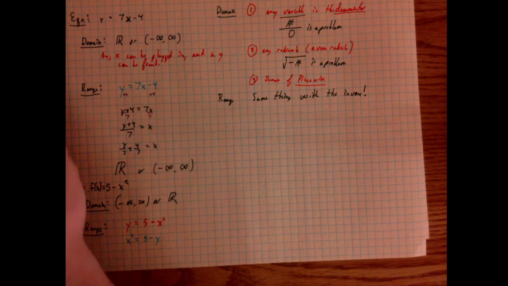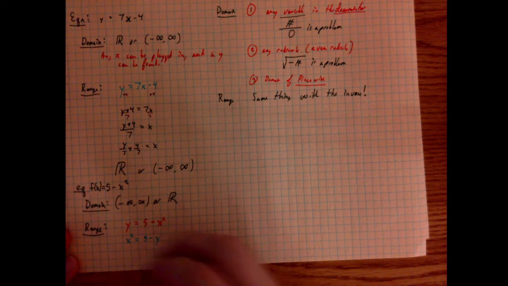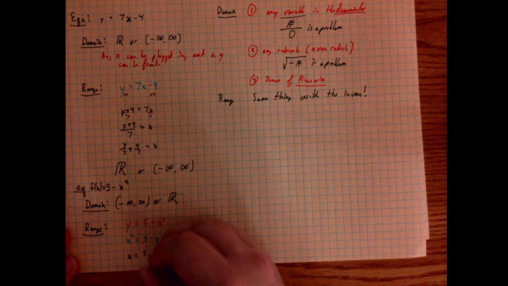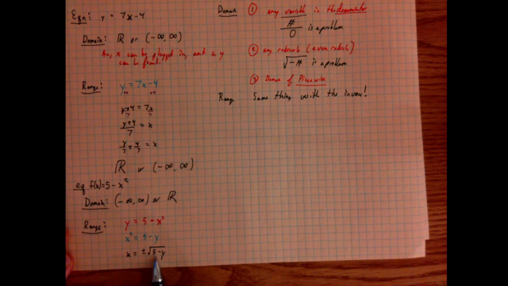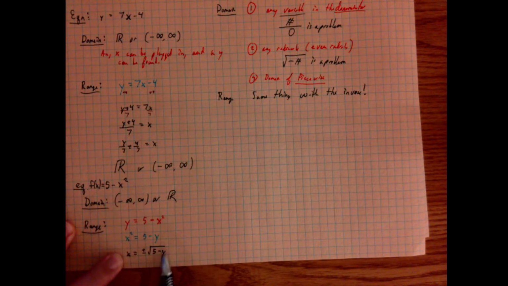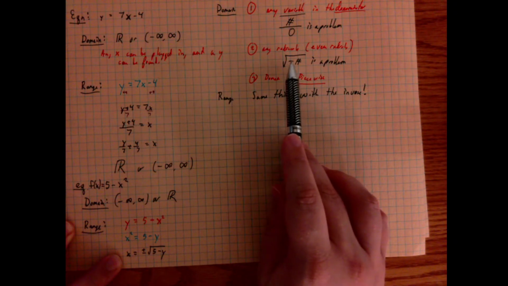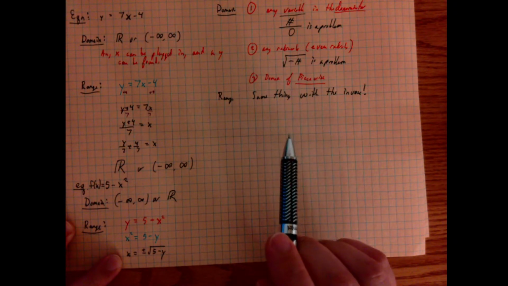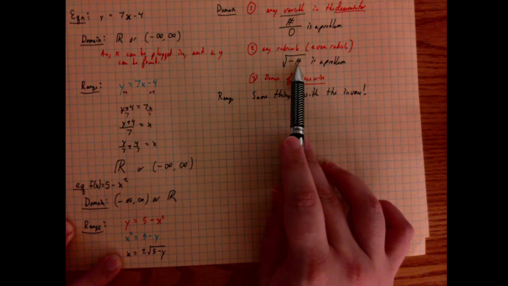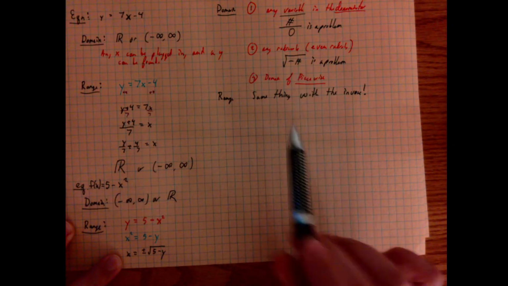I can then take a square root. And when I take a square root, I end up with x equals plus or minus the square root of 5 minus y. Now you notice here that this equation, which is related to the original equation, has y solved, but it's got a radical. This equation has a problem, because there's a chance that if I pick certain y values, I will get a negative answer.